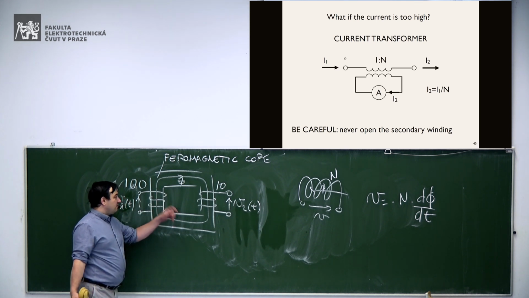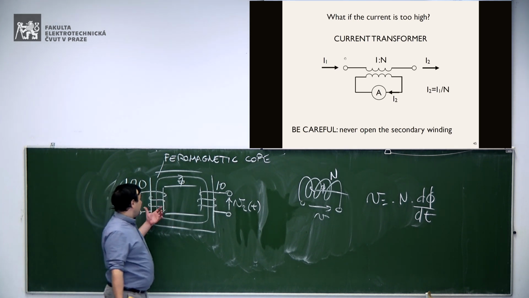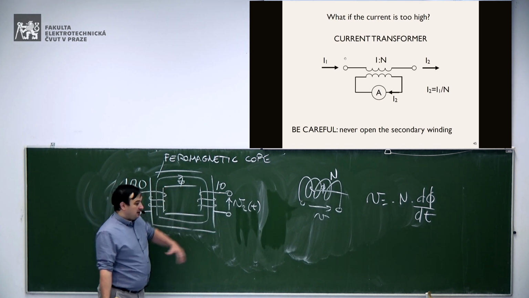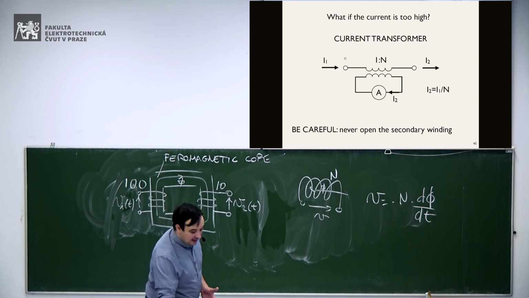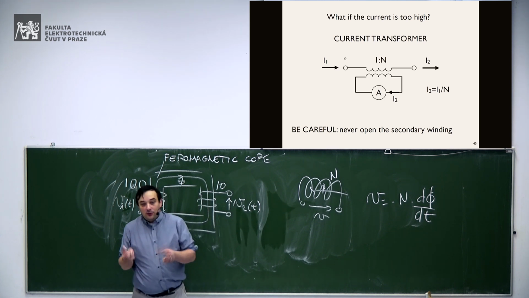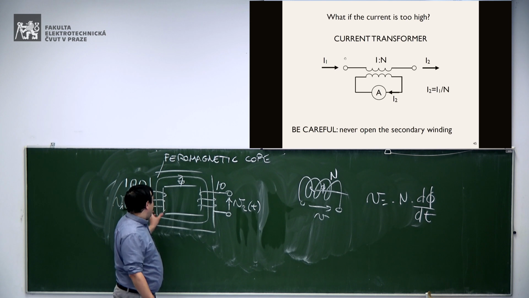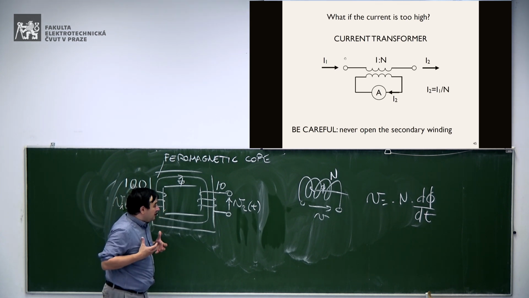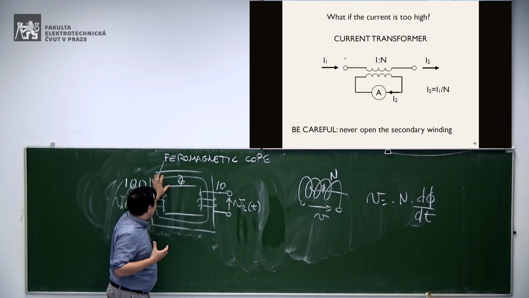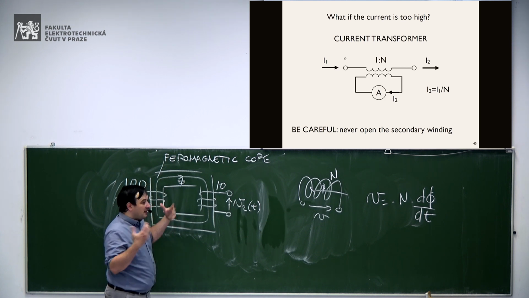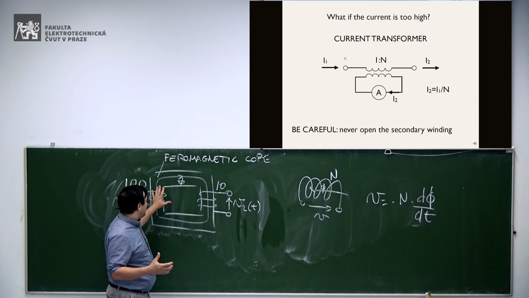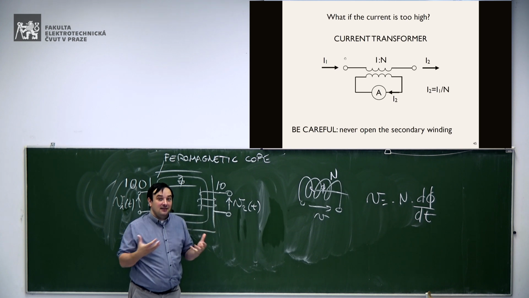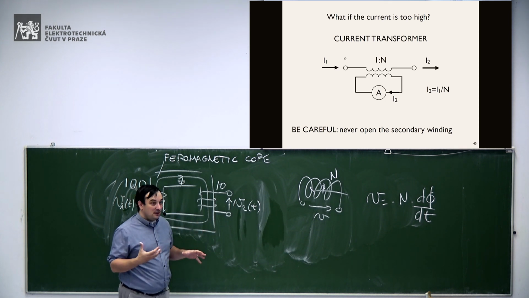Why do we have this ferromagnetic core? Because we need the core to bring the flux from the first coil to the second coil. The ferromagnetic core is like the highway for the magnetic flux. If you create some magnetic field, the resulting flux will be flowing in the core and not in the air, or at most of the flux will flow in the core, because the magnetic field likes the ferromagnetic core.